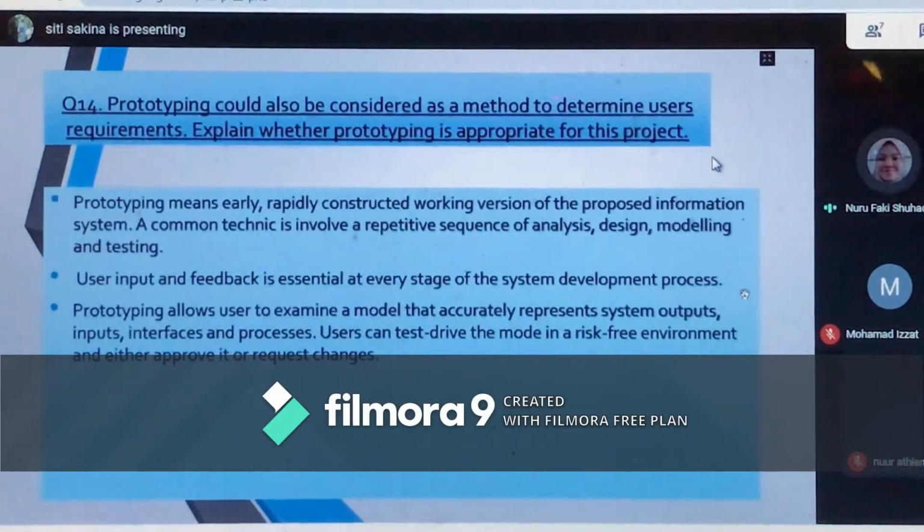Second, user input and feedback is essential at every stage of the system development process. Thirdly, prototyping allows users to examine a model that accurately represents system outputs, inputs, interfaces, and processes. Users can test drive the model in a risk-free environment and either approve it or request changes.